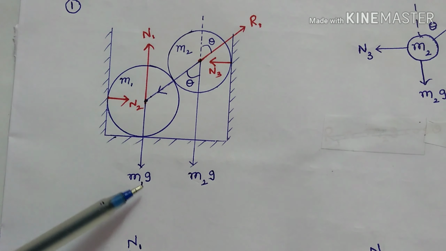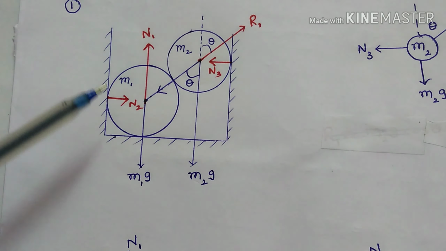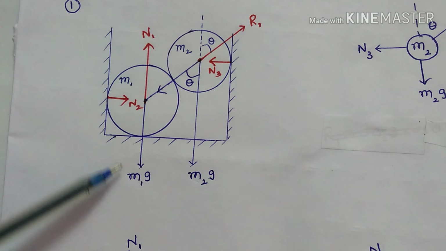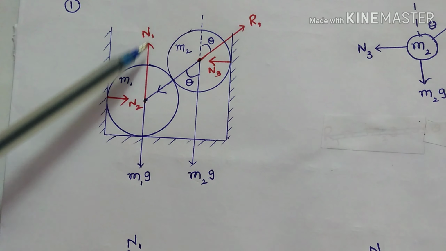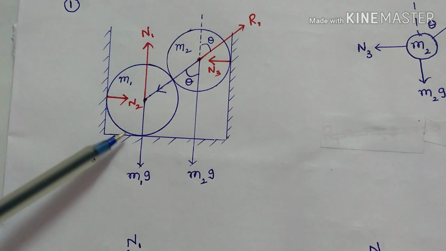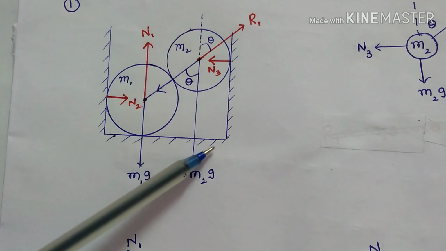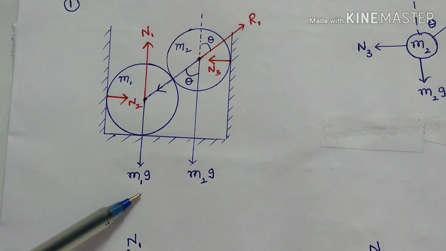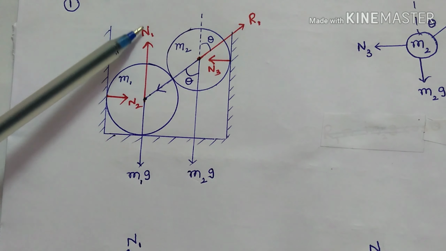M1 is given, G is the acceleration due to gravity. Now, this force is balanced by the reaction force upward, that is N1, the normal force exerted by the bottom of the glass. So downward is M1G, upward is N1.